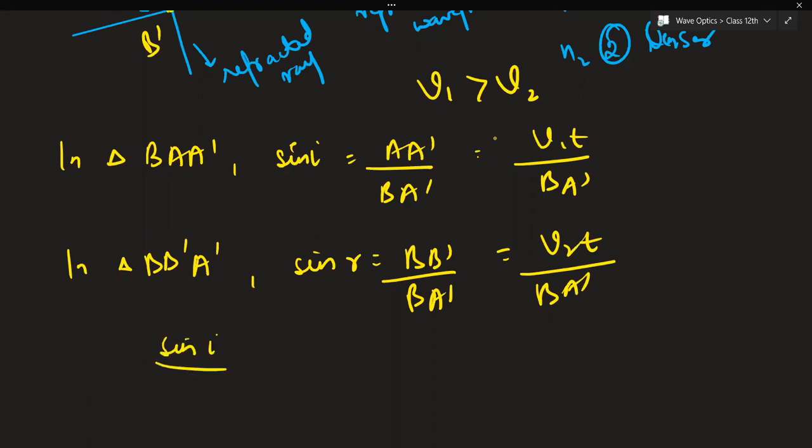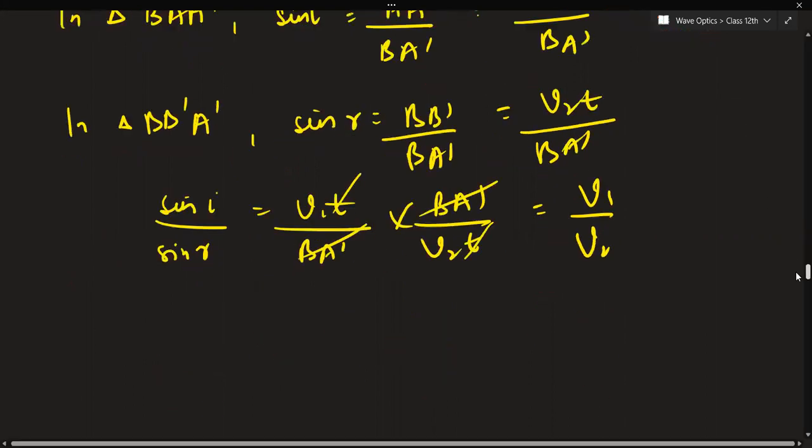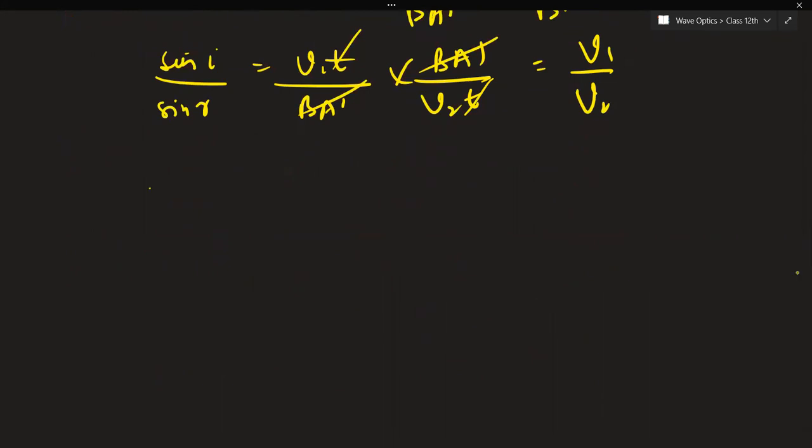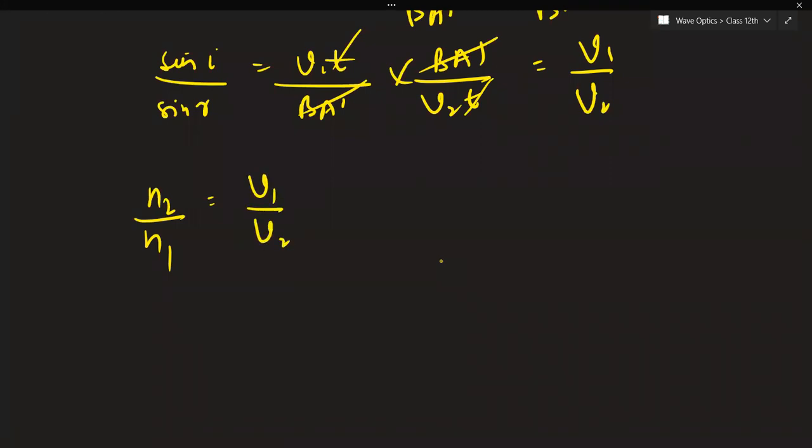Now, if you take the ratio between sine I and sine R, V1T by B A dash into B A dash by V2T, just taking their ratios. Both will get cancelled, T will get cancelled, and we'll get V1 by V2. And V1 by V2, as we have already discussed, is N2 by N1, the ratio of refractive indices.